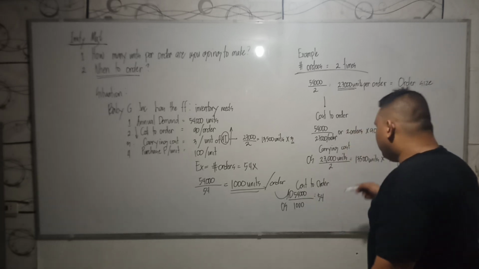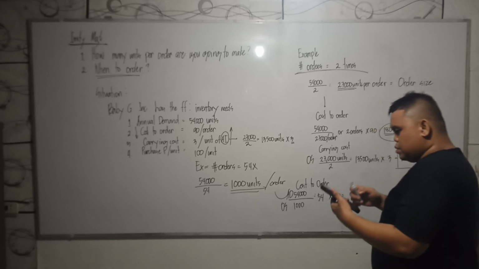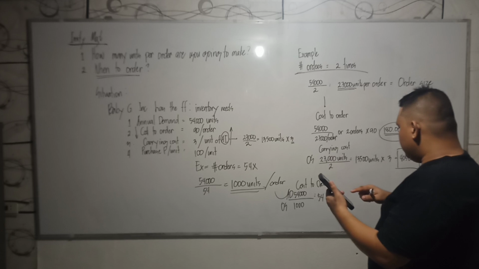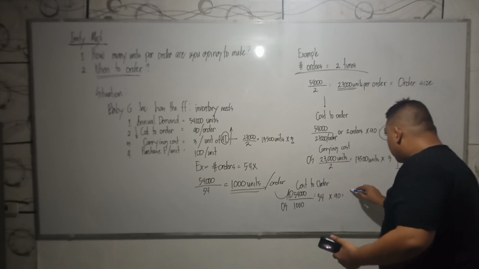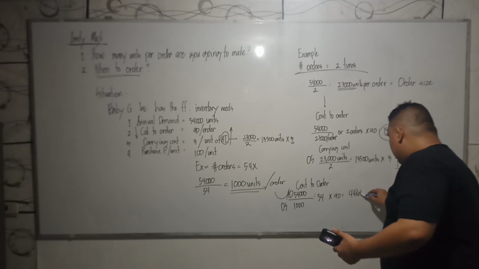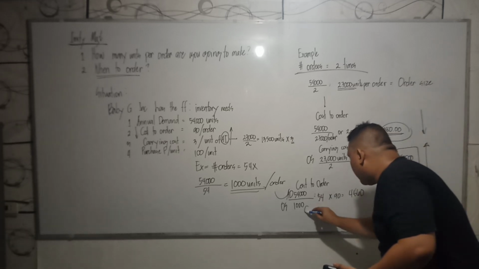So 54 orders times 90. So 54 times 90, that's 4,860.